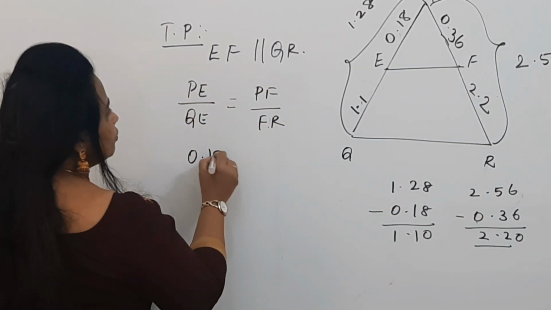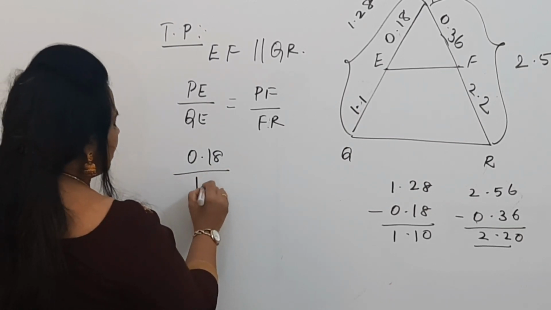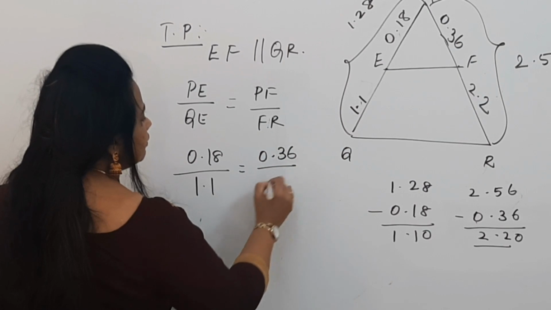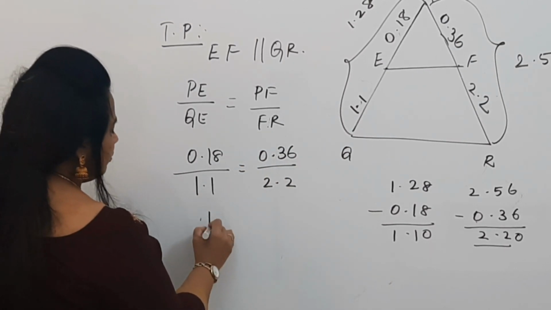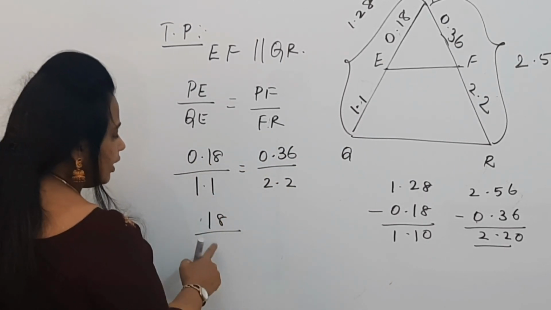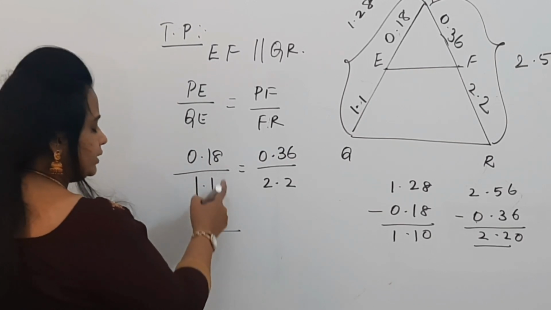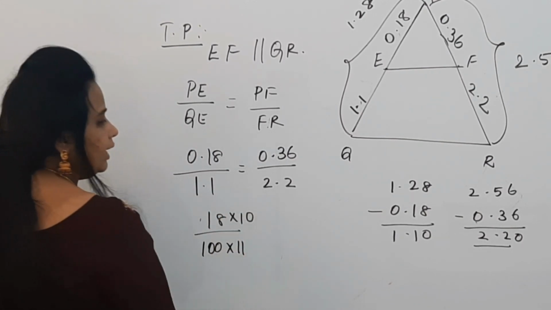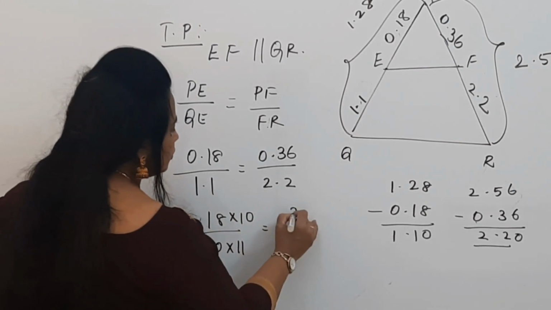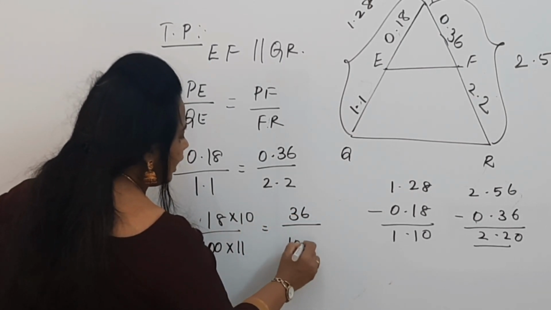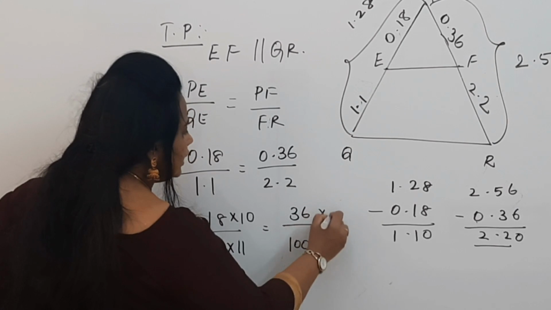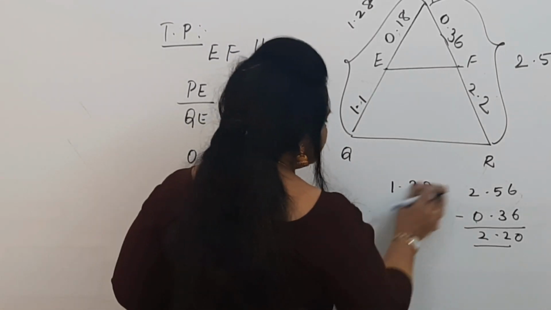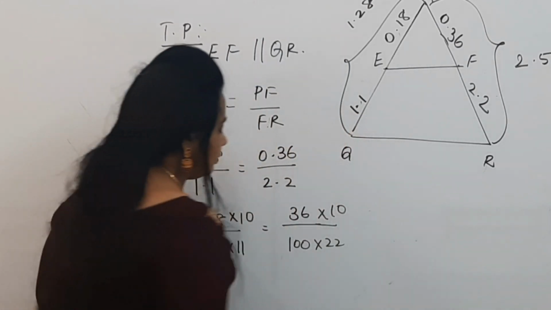PE is 0.18 divided by QE is 1.1, which is equal to 0.36 divided by 2.2. Now I am going to have 18 divided by 100. Why? Because 2 decimal places. So 100 into 11 into 10 at the bottom, which is equal to the same 36 divided by 100 into 22 into 10. Hope you understand. So it is a reciprocal.